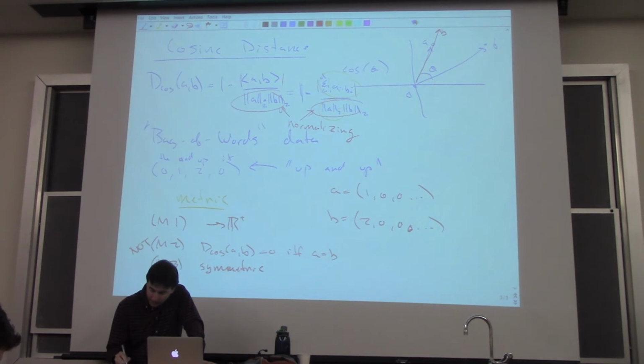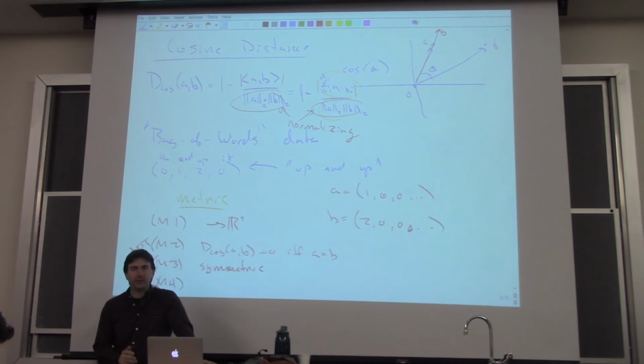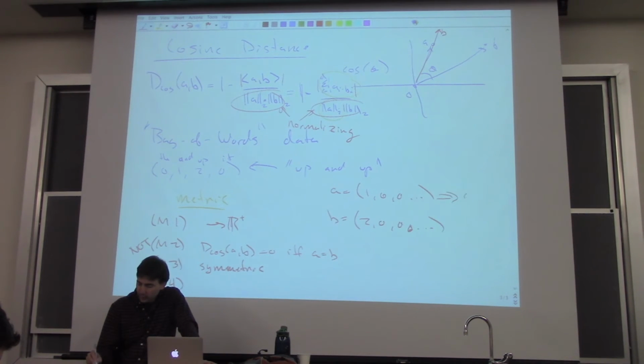If you look at the M4 property, if instead of these vectors, you think of the normalized versions of these vectors, you convert A into A prime equals A over its norm, and the same for B prime.